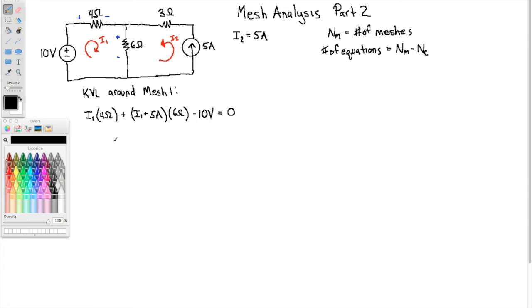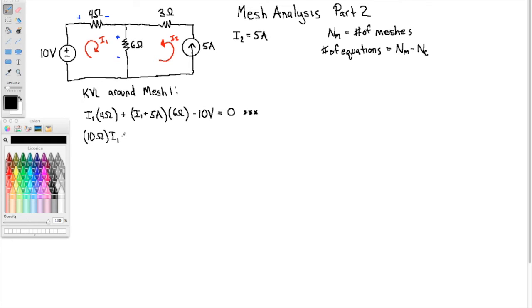It's KVL. Okay, there's my one equation, and one unknown. So I can solve that. So I've got 6 ohms times I1 and 4 ohms times I1. That makes 10 ohms times I1. And I've got 5 amps times 6 ohms. That makes 30 volts minus 10 volts.